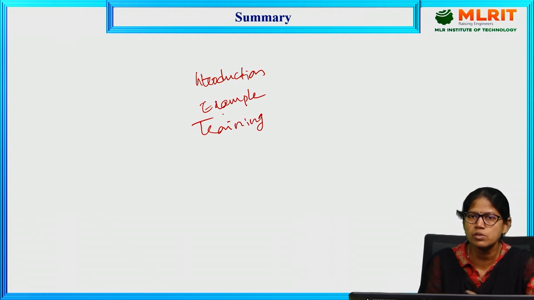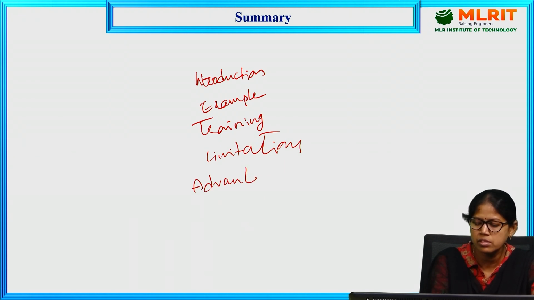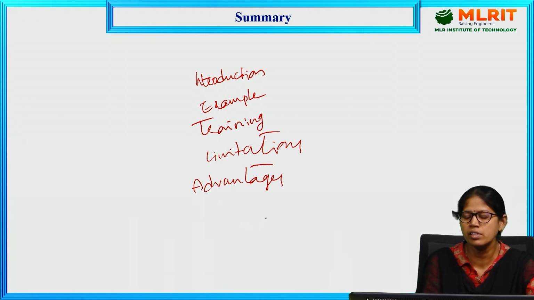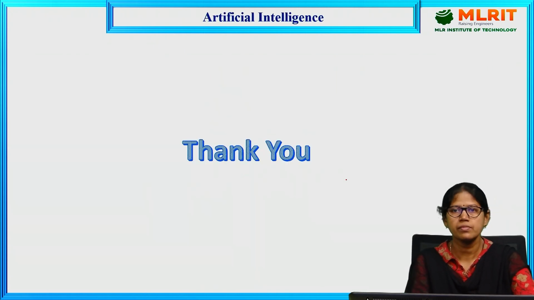Again we need to observe the desired output and computed output. If both are the same, then no need to change the weights. If not, again we need to change the weights using the weight change formula. This process will be repeated until we get stable values, and each of these iterations is called an epoch. And we have seen the limitations of the single layer feed forward network and the advantages of the multi-layer feed forward network. Thank you.